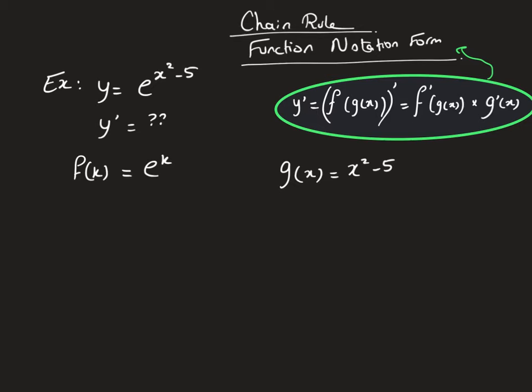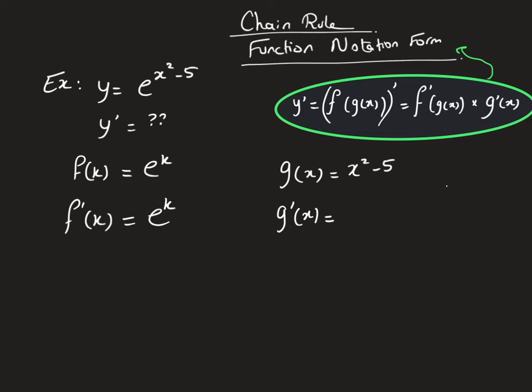In order to find y prime, I have to find f prime and g prime. Let's start finding the derivatives of the function f, then g. F prime of k, because here I have the same variable k, so the derivative of the exponential is the exponential, which is e power k. And the derivative of the function g prime of x, as we know here we have an exponent which is x squared, so I have to apply the power rule.